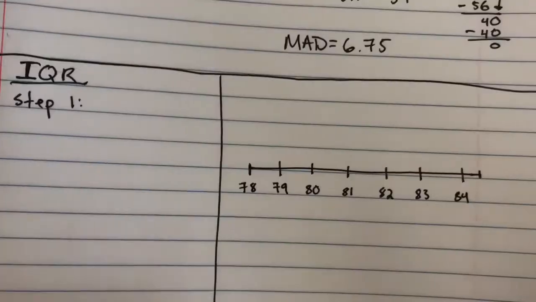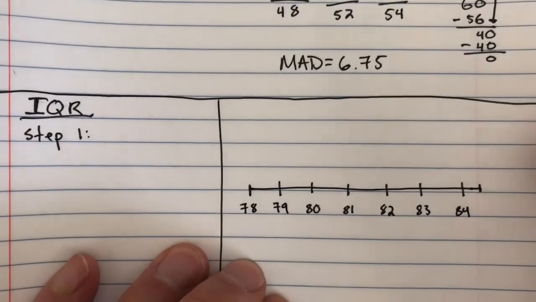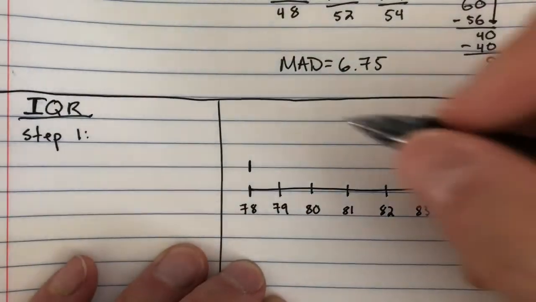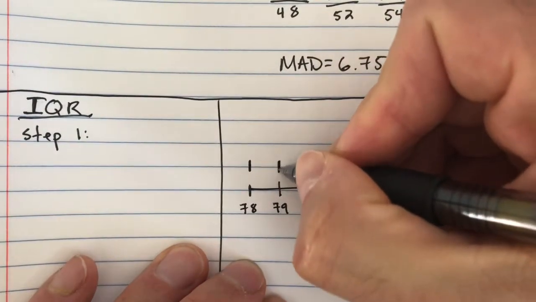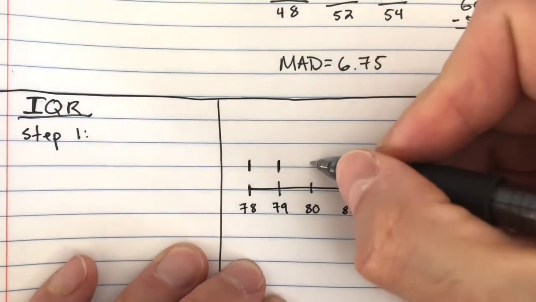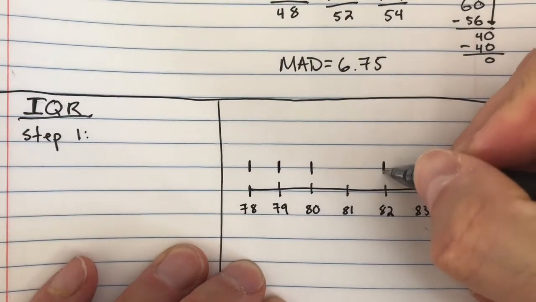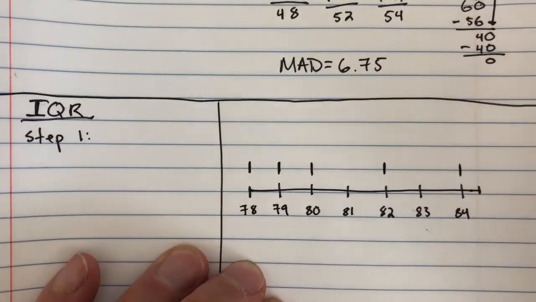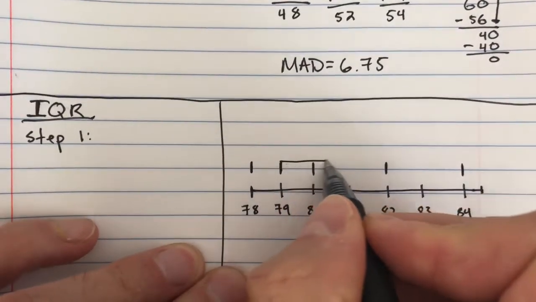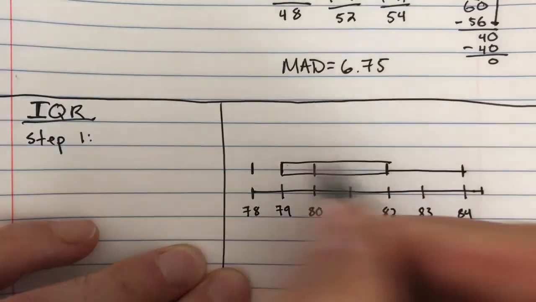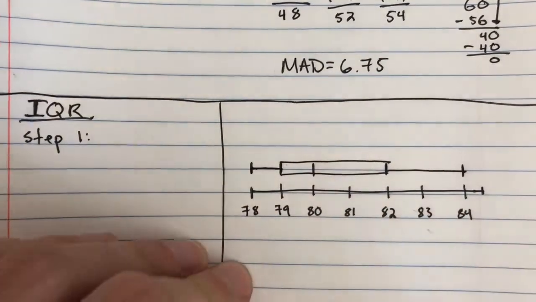Okay, and now I'm going to make the box plot here. So we're going to draw a line at 78, a line at 79, a line at 80, a line at 82, and then 84. Make our box. And our, what they call whiskers.